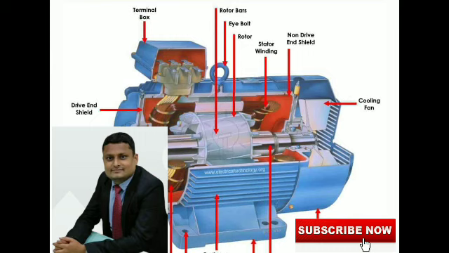Disadvantages of a high value of delta S: number one, resistance will increase. The copper loss will also increase, and temperature rise will also increase, and with the increase of all these things, efficiency will decrease.